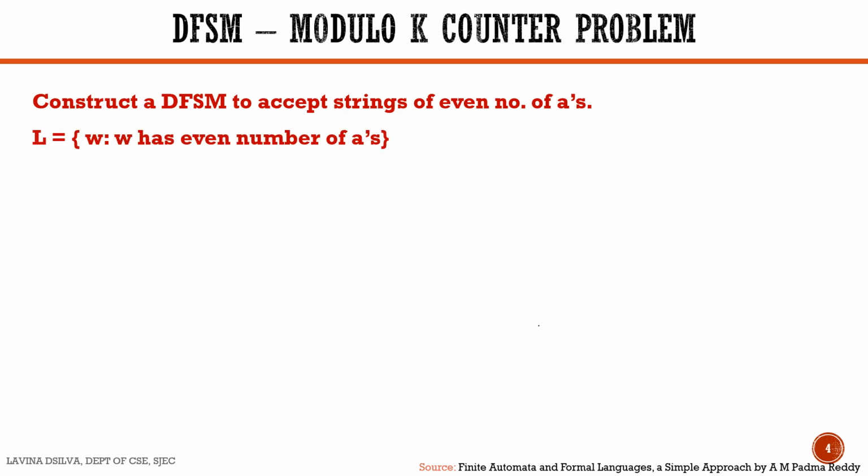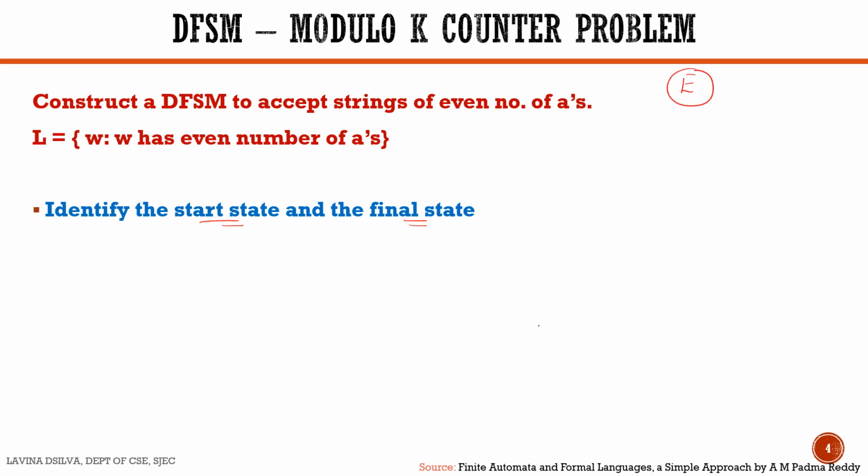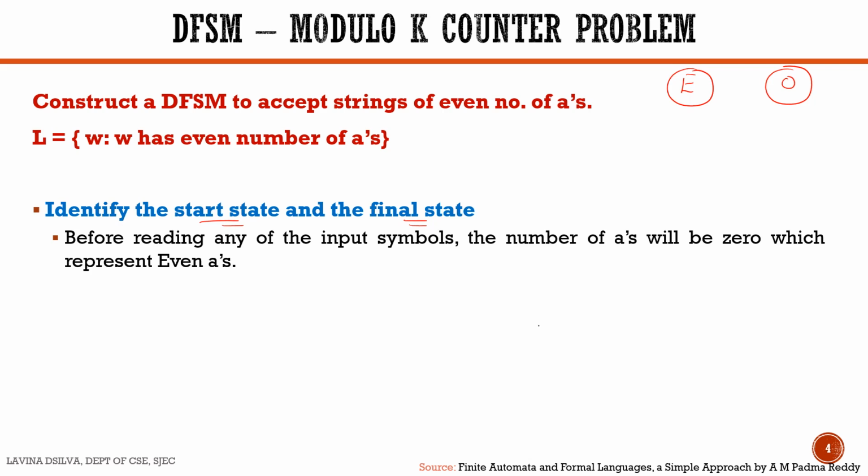The second step in the construction for the modulo K-counter problem is to identify the start state and the final state. We've already seen that there will be two cases, one an even state and the other an odd state. Now, when we are constructing strings with an even number of A's, what will be the language?